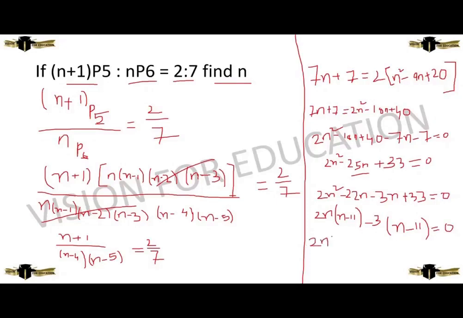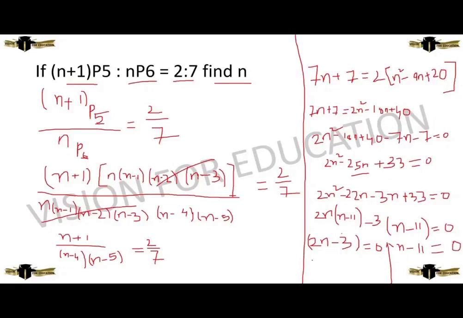Bring this 3 this side: (2n minus 3) equal to 0, and (n minus 11) equal to 0.